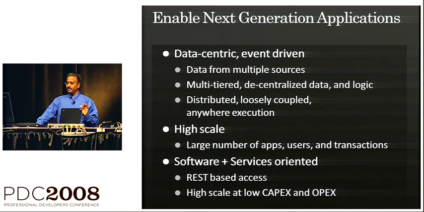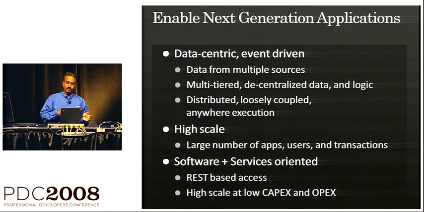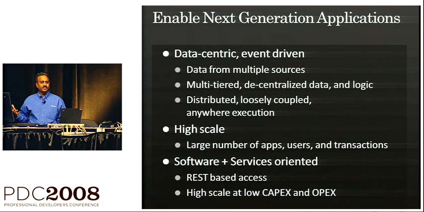And a more important thing is that more and more big apps, for performance and availability as well as scale reasons, are being built in a distributed, loosely coupled manner. And for most applications, whether they're web applications or enterprise applications, the demand for increased scale is becoming important. And then finally, as we move to software plus service orientation, like this conference, most of the emphasis has been on the services aspect.